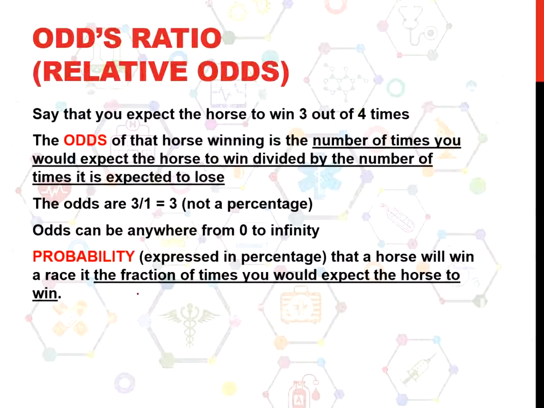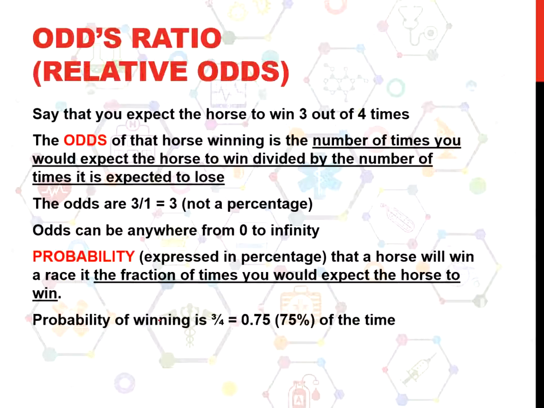Okay, so ganito yan. Probability of winning is kung ilang beses siya mananalo out of the total attempts or the total contests. So, 3 out of 4. Ito yung data kasi natin. So, ang kanyang probability is 3/4 or 75% of the time.